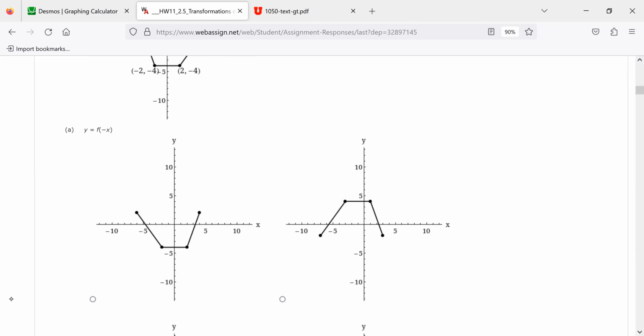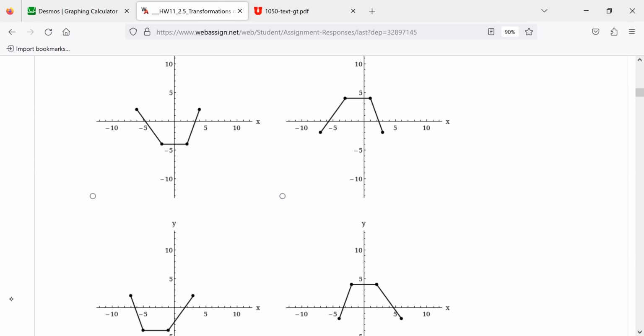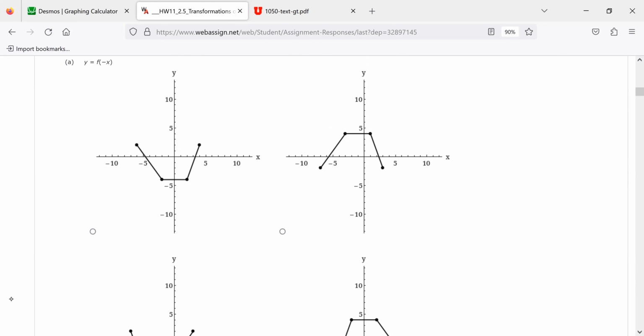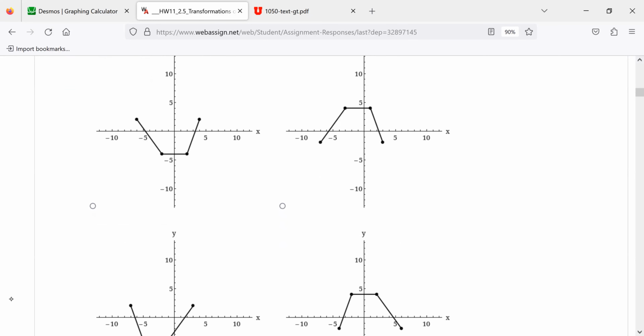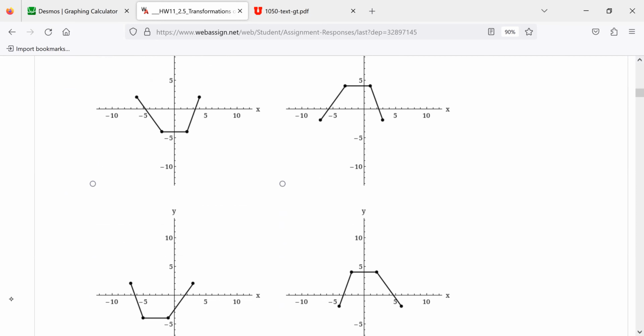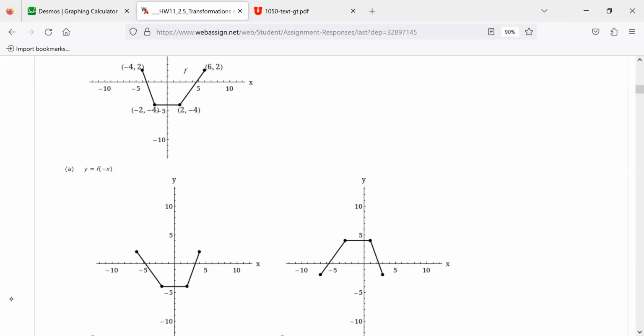So which one has this reflection over the y? Yeah, I'm thinking the first one. Let me see. Yeah.